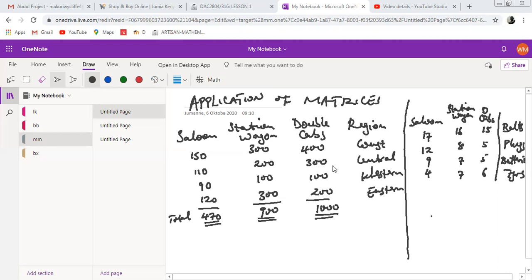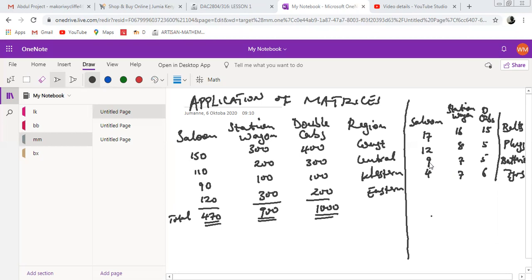And then you are given another matrix, which is now on the spare parts. We were told the saloon cars need 17 belts, station wagon 16 belts, and the double cabin 15 belts. On the plugs, the saloon needs 12, station wagon 8, and double cabin 5.